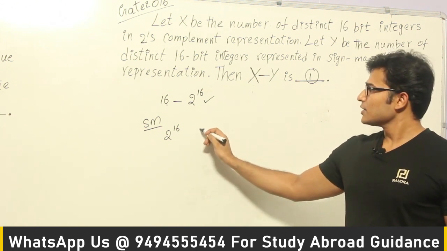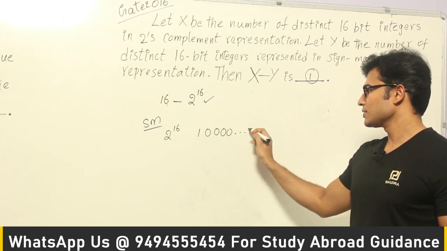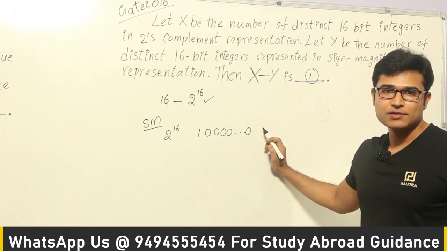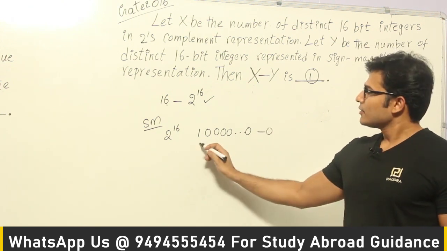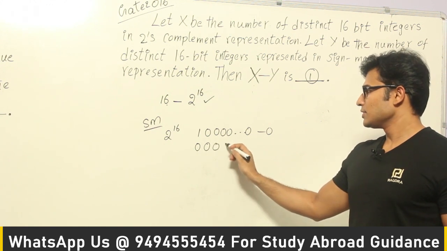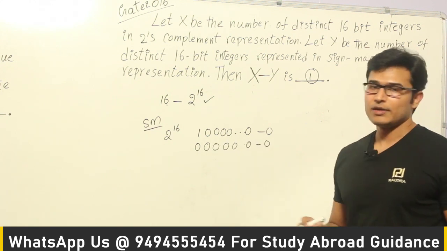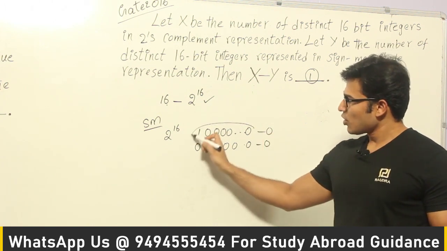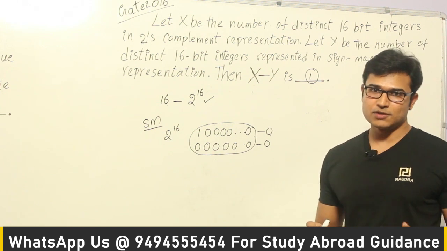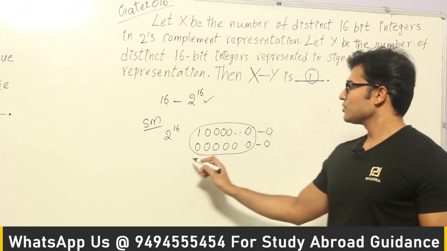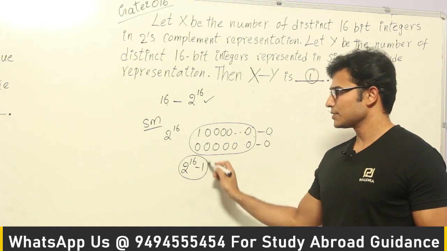One combination is 1 followed by 15 zeros, which is actually minus 0, which is still representing 0 only, and 0 followed by 15 zeros, which is plus 0, which is again representing 0, right? Therefore, since 2 combinations are eaten up to represent the same number, which is 0, we will be able to represent only 2 power 16 minus 1 distinct integers, right?